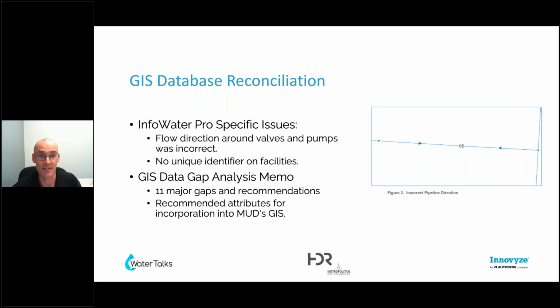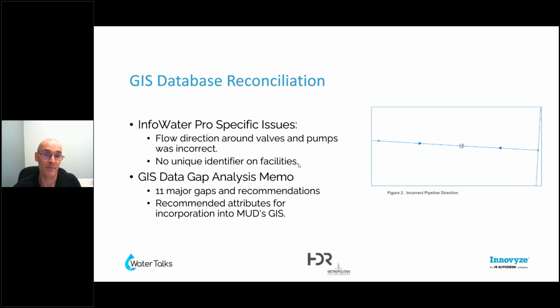This is a common one that's missed. EPANET doesn't like when there's either 2 pipes going in or 2 pipes going out. As you can see right here, this is the incorrect pipe direction, where we've got a system valve and we have a pipeline heading in from each side, and EPANET will basically kick that out.